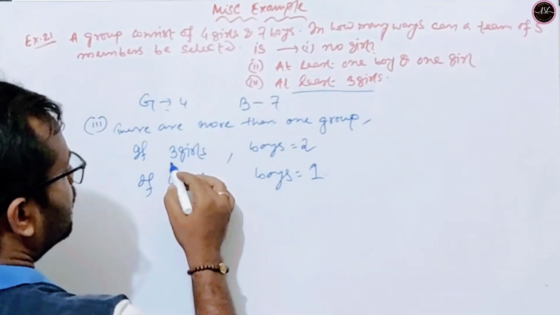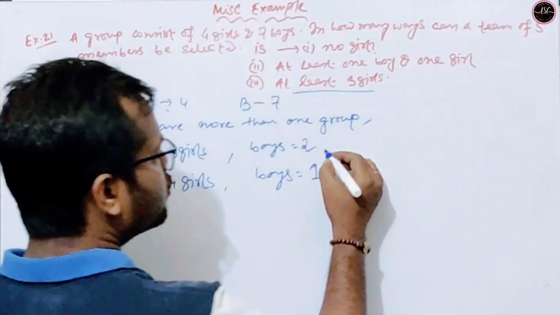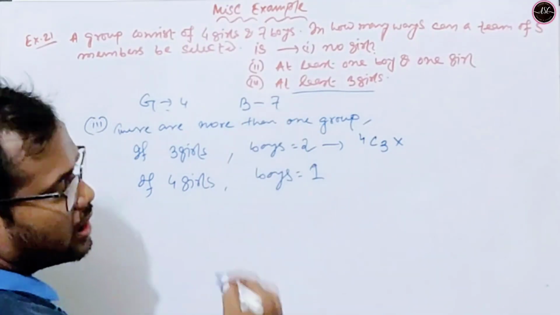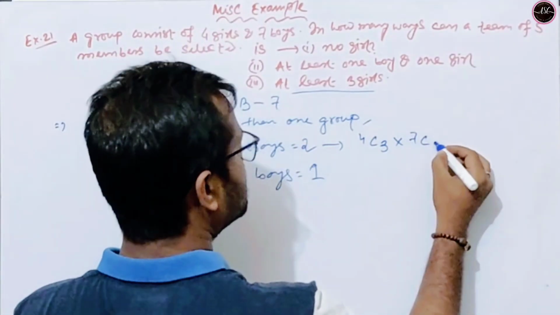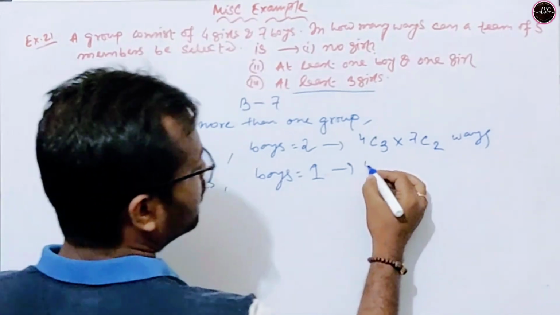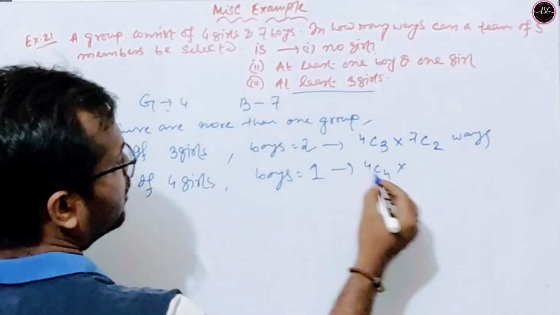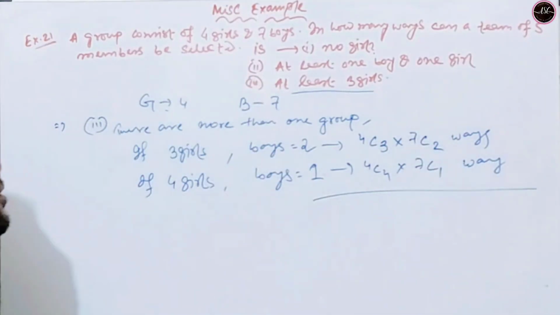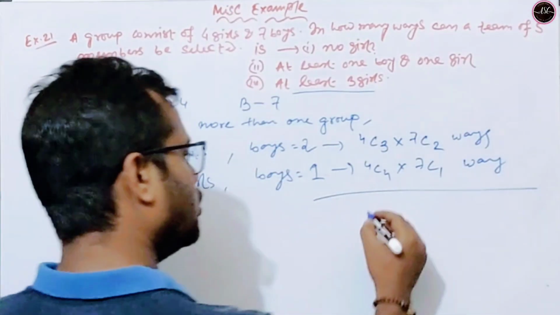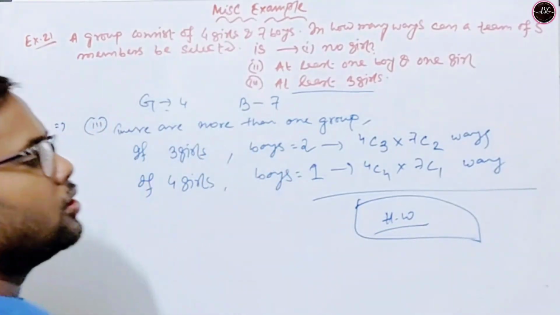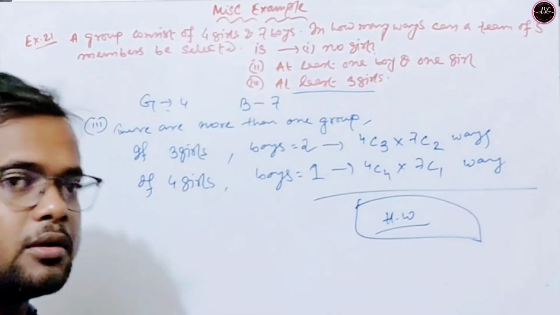So these 3 girls can be chosen from these 4, so there are 4C3 and 2 boys selected from 7, so 7C2. And here also we have 4 out of 4, that means 4C4 into 7C1. Just adding this, we will get the value, and this value is your homework. Just do it at home. If any difficulty arises, then comment in our comment box.